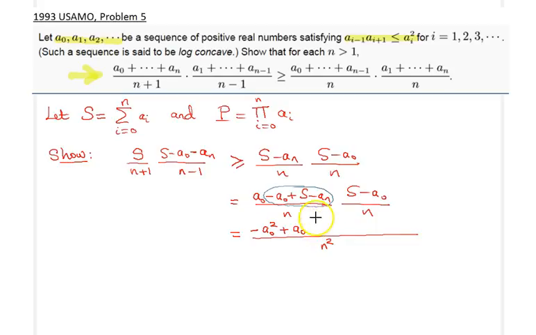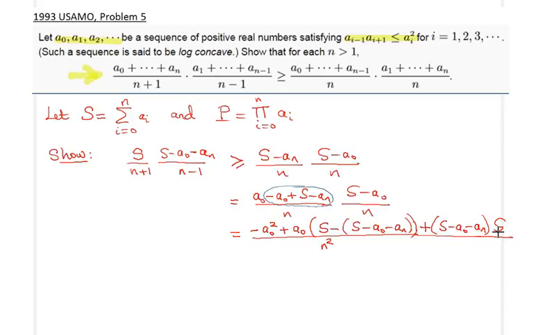So let's start with that one, S minus that one here. We have S minus A sub 0 minus A sub n, and we still have this term multiplied with that term. Therefore we have plus S minus A sub 0 minus A sub n times S. From here we can make some simplifications.